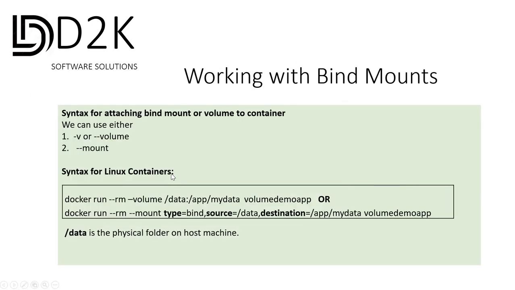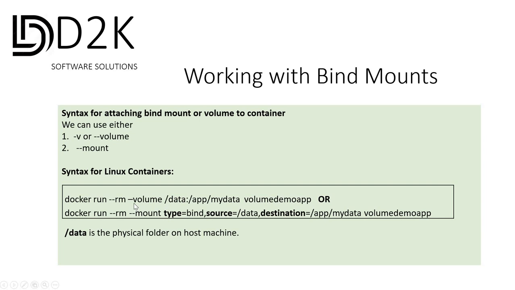So now we go through how we can run a bind mount volume. This is the syntax. You can use either hyphen volume or hyphen mount. When you use mount, you need to specify additional parameters like source equal to, destination equal to.